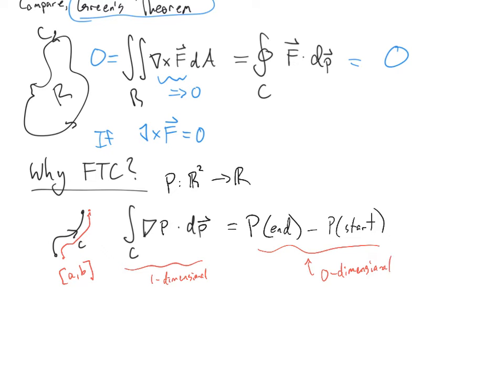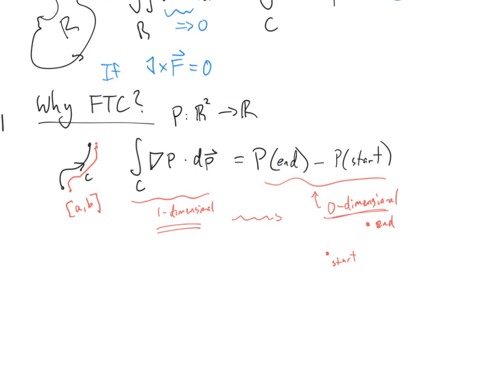Integrals add up infinitely many things, one at every little point, but this is just adding up a point here, the start, and the end, just checking at those 2 points. So the fundamental theorem of calculus is taking something one-dimensional and turning it into something zero-dimensional.